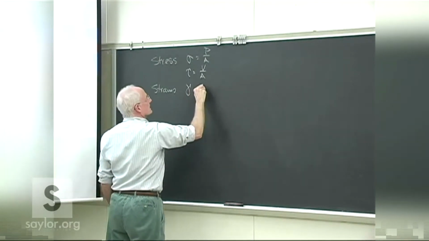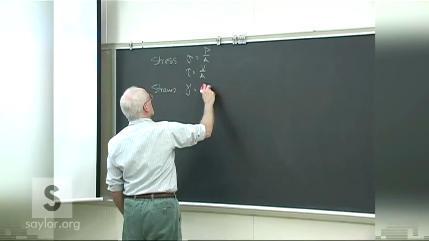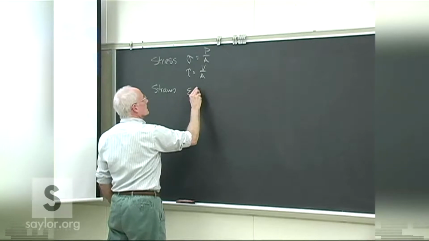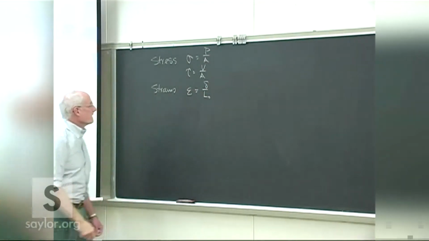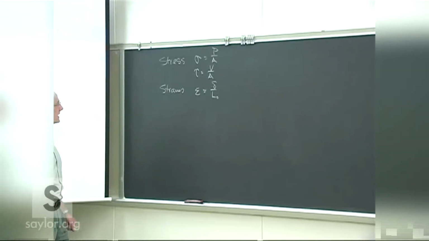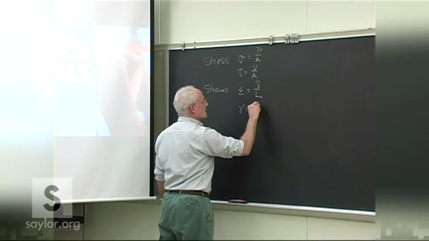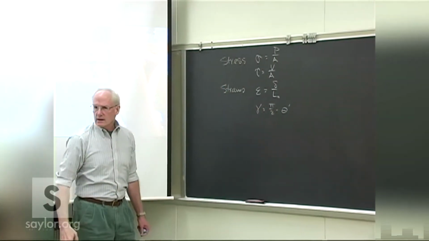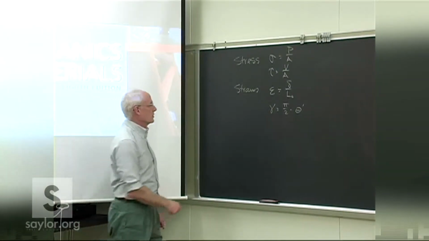The first strains we had were the normal strains. Then we had some shear strains, which remember was the change in a 90-degree angle, whether imaginary or actual.